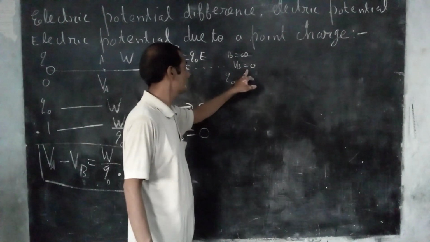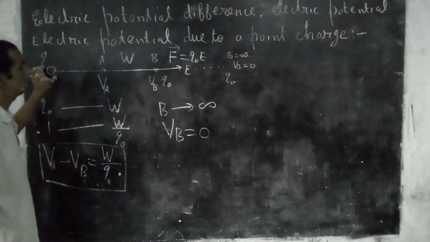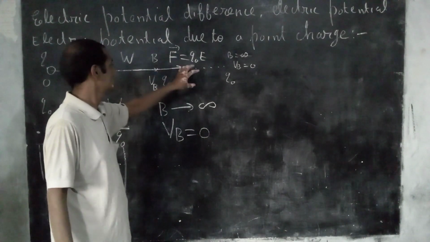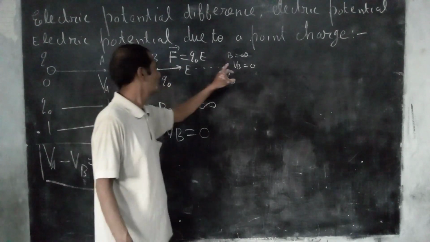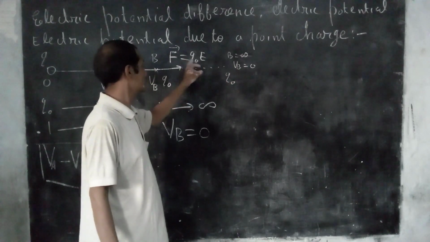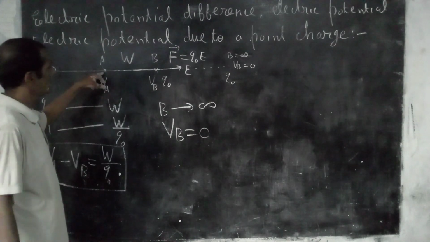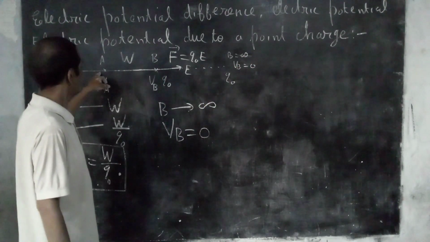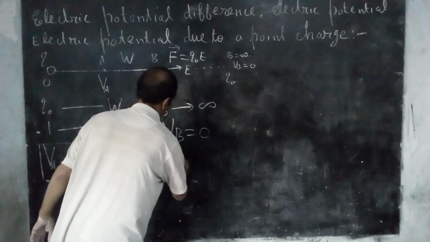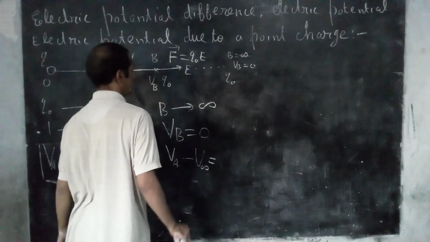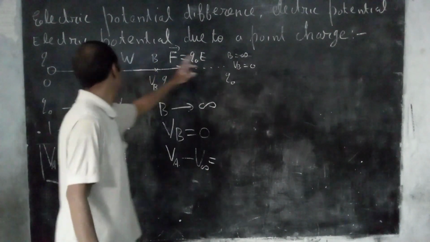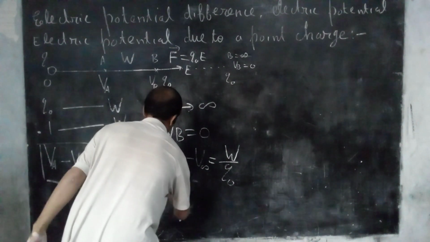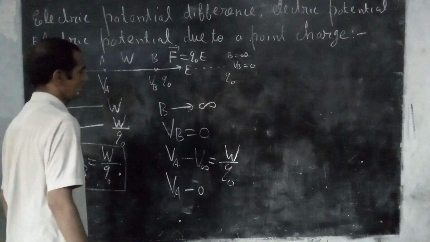At infinity there is no repulsive force, but when you come inside the field of Q, the repulsive force begins to act on the test charge. Let the work done by you in bringing the test charge from infinity to point A be W. Then the potential difference between point A and infinity is VA minus V infinity, which equals W by Q0. Since V infinity is 0, VA is W by Q0.